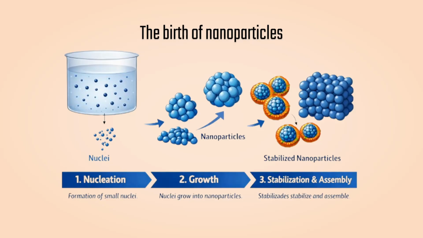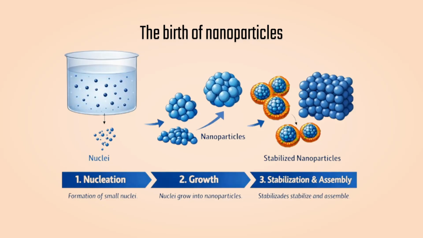In the growth stage, these nuclei enlarge as atoms or molecules continue to deposit on them, and their size, shape, and crystallinity are controlled by parameters such as temperature and concentration. Finally, during stabilization and assembly, nanoparticles are prevented from agglomerating and controlled organization is achieved, sometimes using templates or surfactants. The image shown here clearly visualizes these three stages, showing how nanoparticles evolve step by step, as you can see.